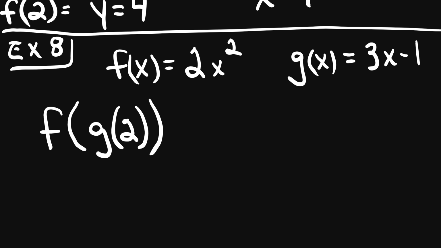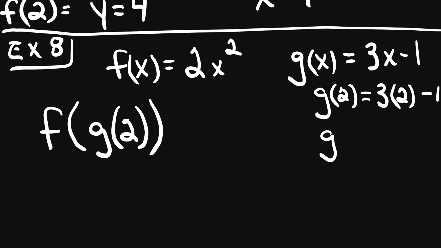I'm going to have to figure out what g of 2 is first. Well, here's my function g, and I'm going to put the value of 2 in for the x. So that means g of 2 is going to equal 3 times 2 minus 1. So g of 2 equals 6 minus 1, which is 5.